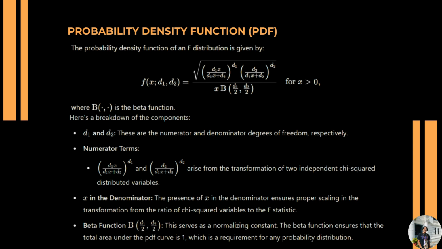And the term x in the formula ensures correct scaling when transforming from a ratio of chi-squared variables to an F statistic. The beta function acts as a normalizing constant, ensuring that the total area under the PDF curve equals 1, as required for any probability distribution.